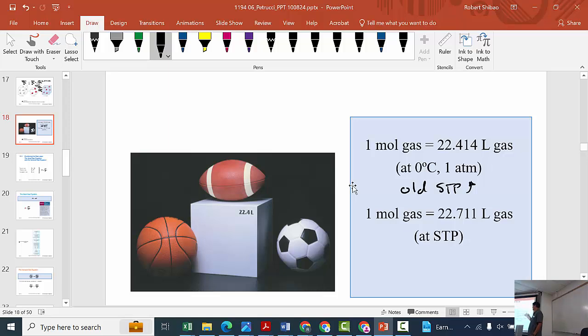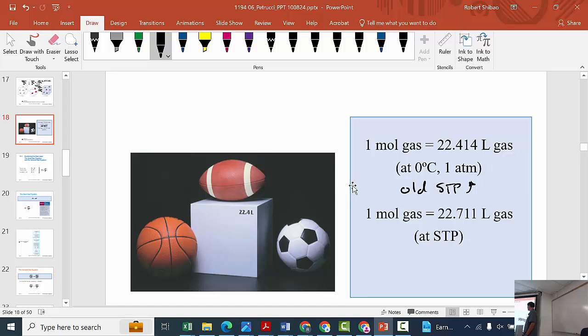And so there's lots of data tables with data at STP, and it's just comparing things like volume and whatnot. But I didn't find it that useful because I didn't do much at 0 degrees C. Are we going to use that definition of STP or a different one? No, now you have to learn this definition of STP. And the difference between the new one and the old one is the pressure.